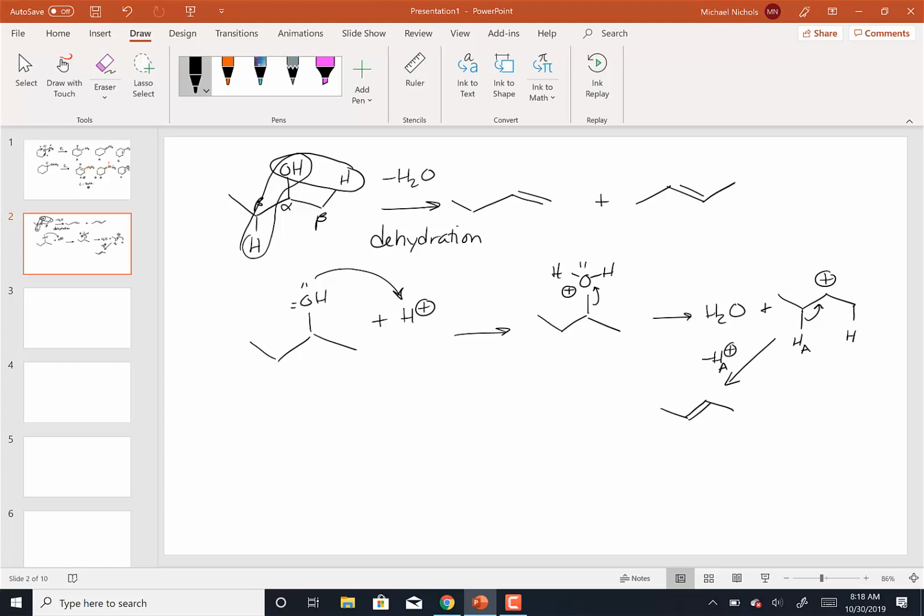Or I can lose the hydrogen, let's call it B, HB, and so then I'm going to lose HB+, and I'm going to form the double bond at the end. Does that make sense?